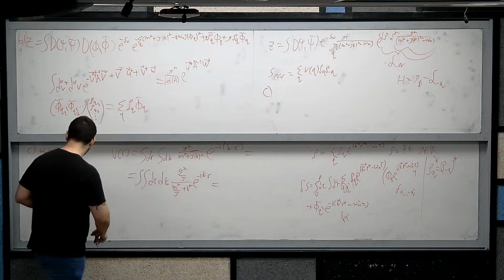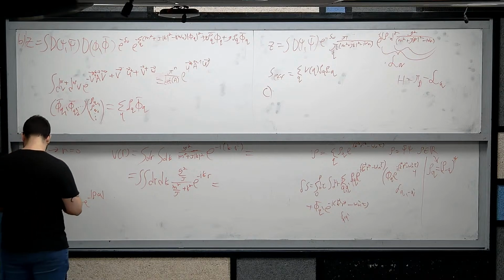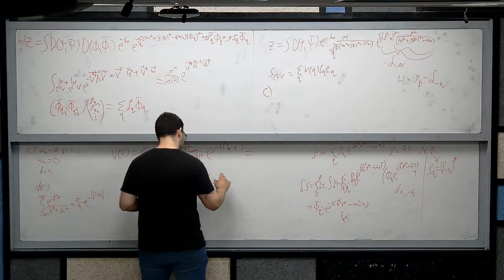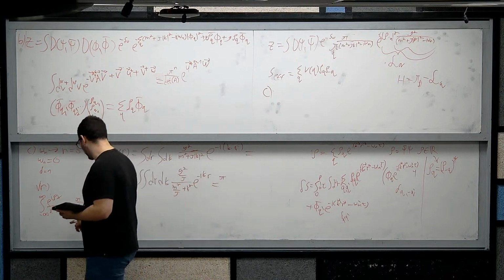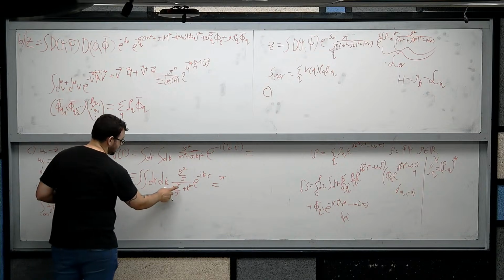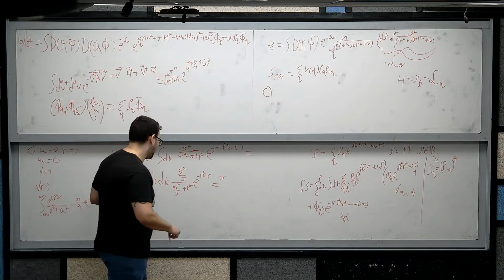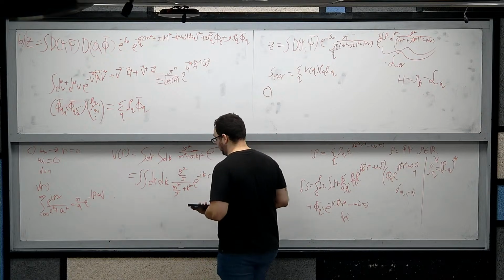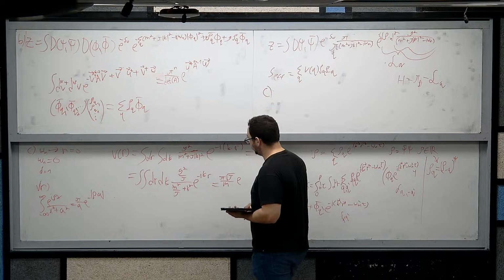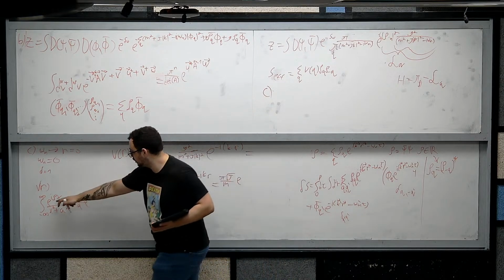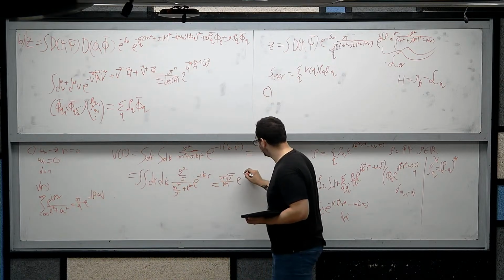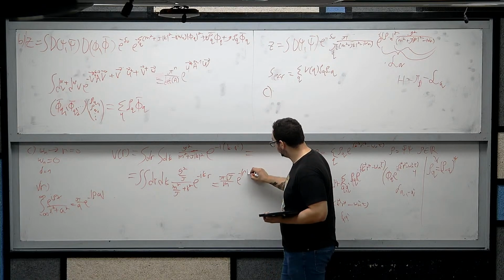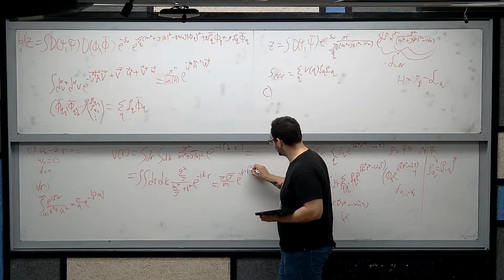And now using the integral, this right here is pi. Using the integral, a squared will be m squared divided by j, so it will be pi times square root of j divided by m, times e to the minus absolute value of r times square root of m squared divided by j.